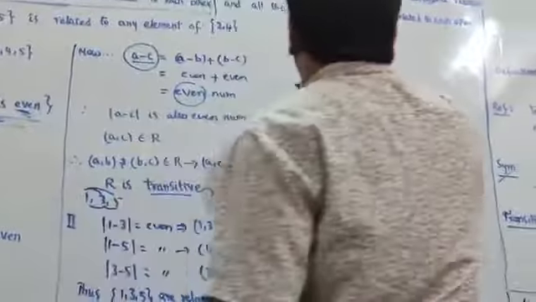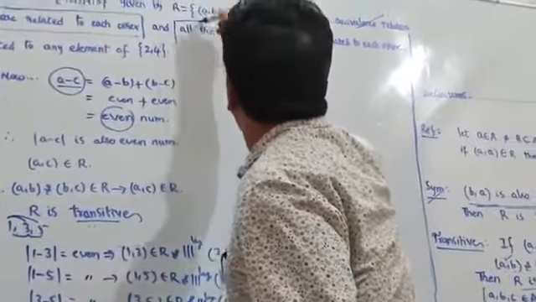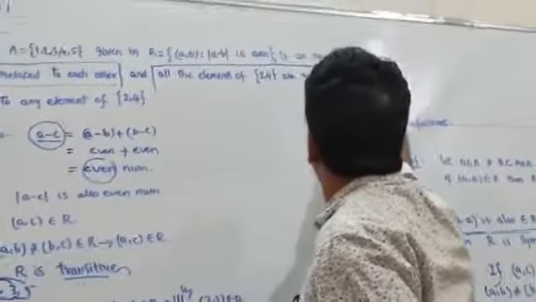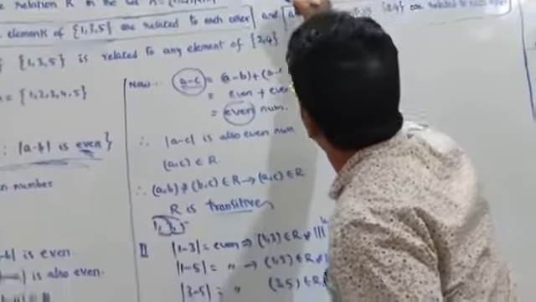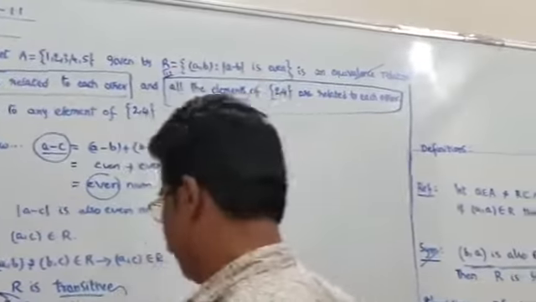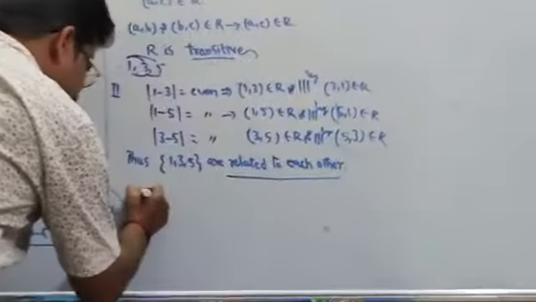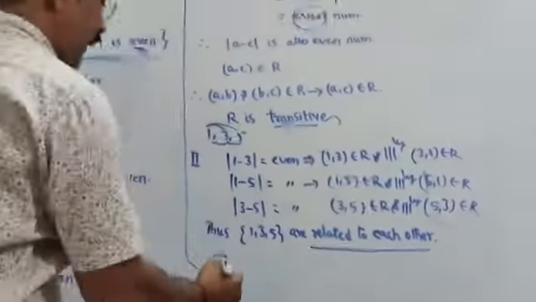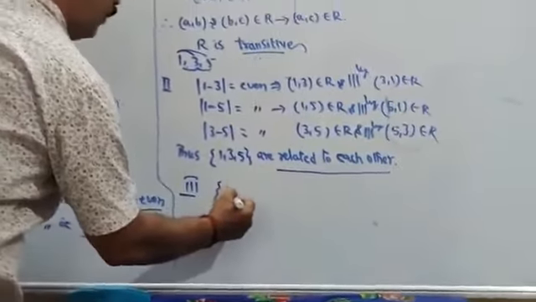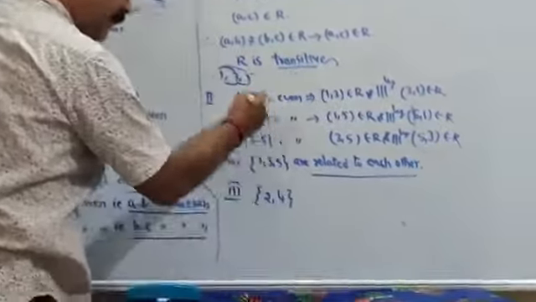Next, the third one: all the elements of {2, 4} are related to each other. This is the third question. Similarly, the given set is {2, 4}. Same procedure.